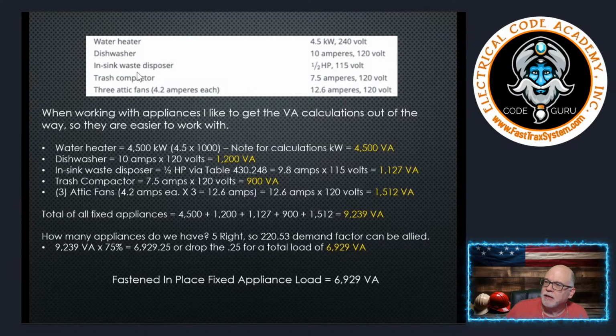All right, so here's your water heater, 4.5 kW. Y'all all know that kW is equivalent to kVA. I like to work things in VA because that's typically how we work things when we're doing a load calc, but essentially the code tells you that they're synonymous. So if you see here, I've got 4,500 kW.